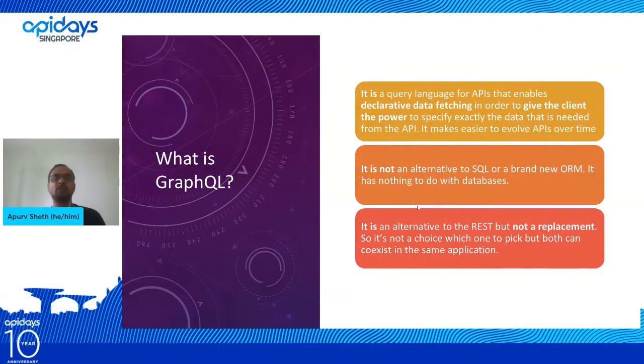So whenever it comes to QL, query language, right? We always think that it has to do with a relational database or something like that, that we have to write a query, and then we'll fire the query, and there will be an engine running in the background which will return us the records. The last part is quite similar, but here let's make sure that it is a query language, but it is not SQL or anything to do with relationship modeling.